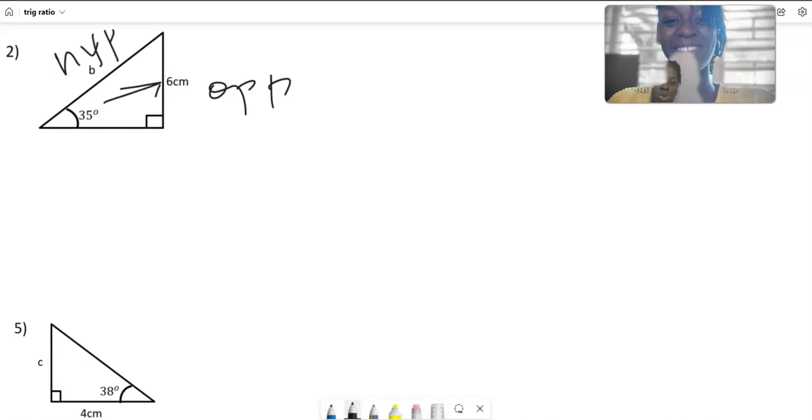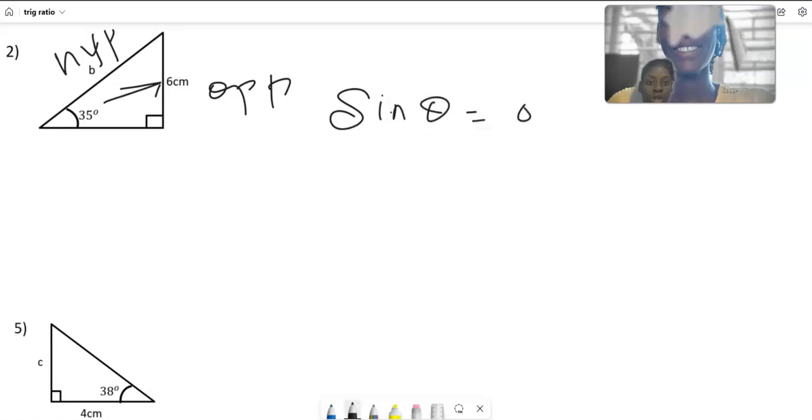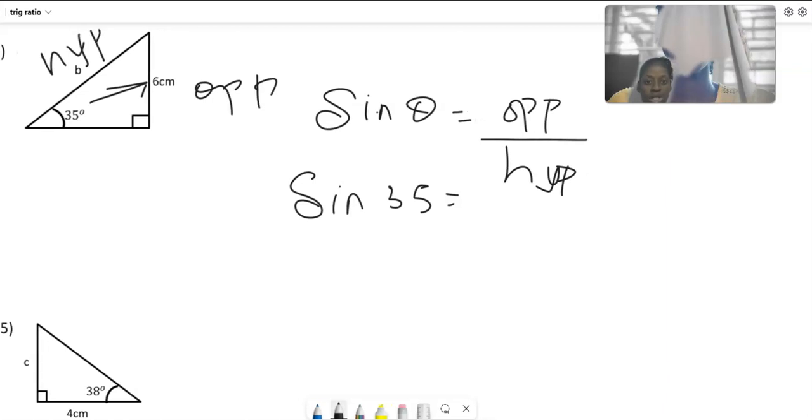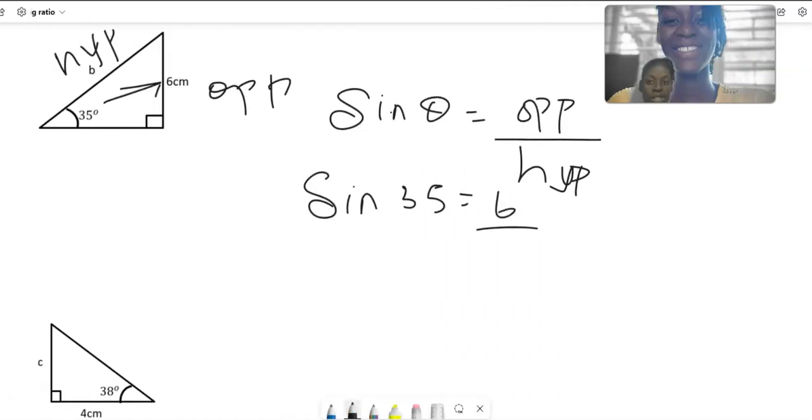Which one of the ratios uses hypotenuse and opposite? Sine. So we write our formula, sine theta equals opposite over hypotenuse. Remember, theta represents the angle, so sine 35 equals opposite, which is 6, over hypotenuse, and the hypotenuse is B.